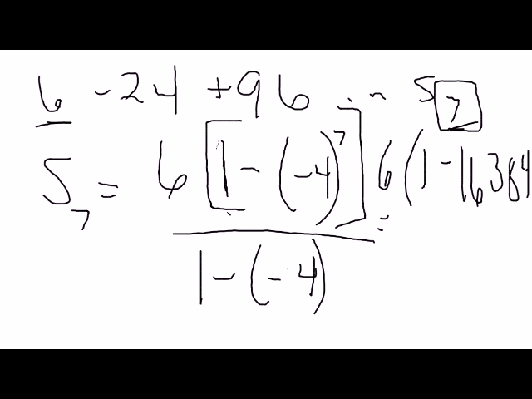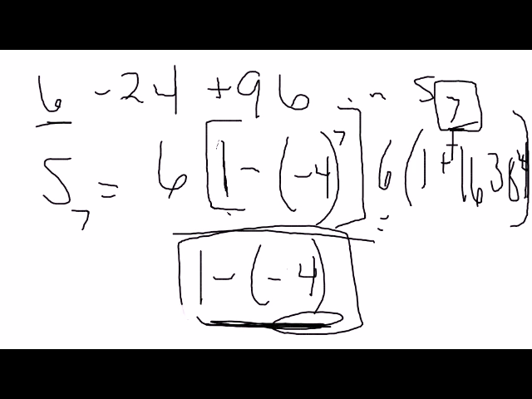And it is negative. So when we do this, those two negatives are going to actually cancel each other out. And it's 1 minus negative 4 on the bottom, right here. So that's going to give us 1 plus 4, which is 5.